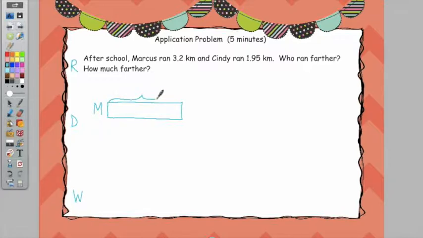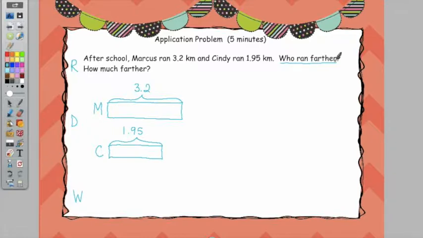And Marcus has what on the top of it? 3.2. And Cindy, hers will be a little shorter. What did she run? 1.95. Okay, now has anyone figured out if we're adding, subtracting, multiplying, or dividing? Here's the question. How do you know we're subtracting?